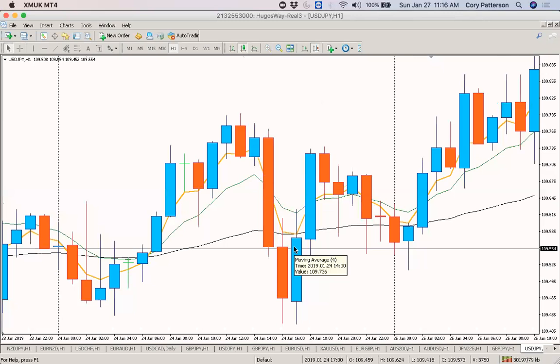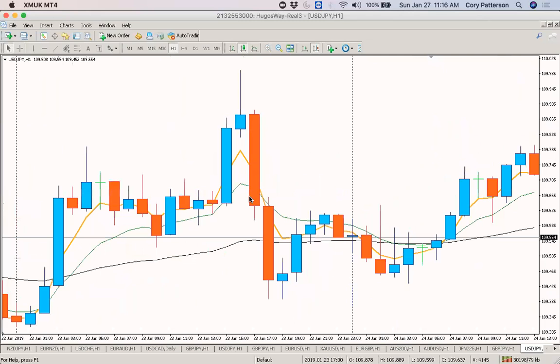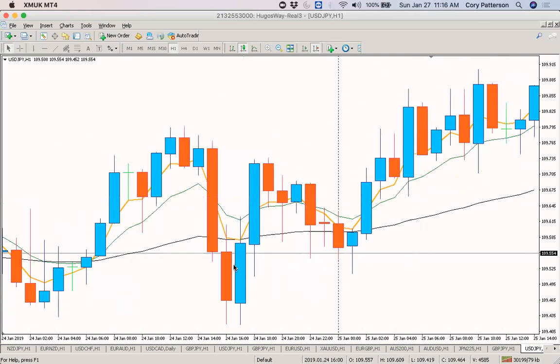You can trade both ways; you can trade up or down and make money. These types of candles signal that there's going to be a change in the direction of the market, because you have a lot of sellers here pushing the market down, and a lot of buyers here trying to push the market up.